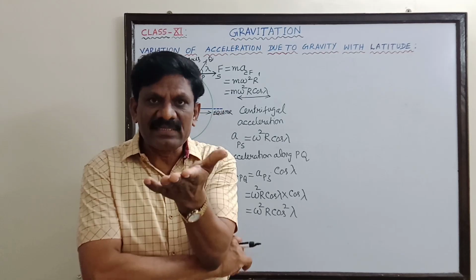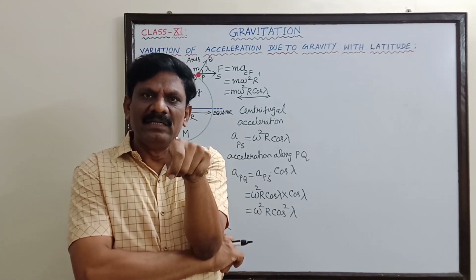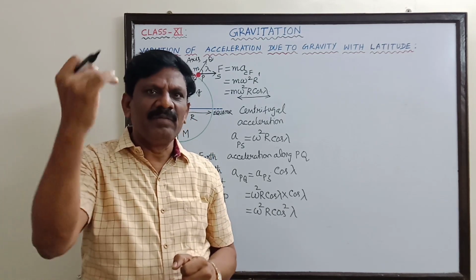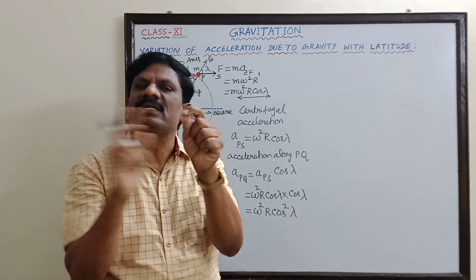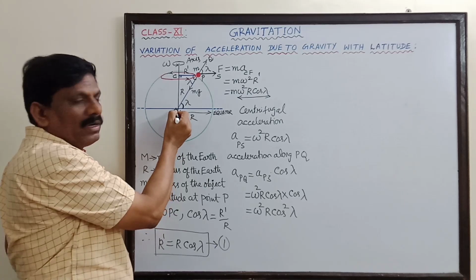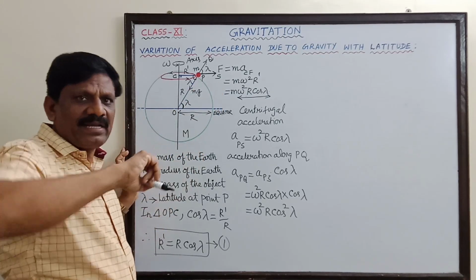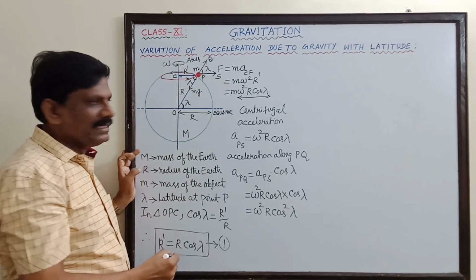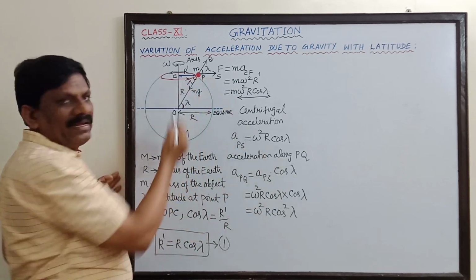The object of mass m is placed at the point P. At that point, the body has acceleration due to gravity G from P towards O, and another acceleration from P towards S. So I resolve the component along direction PQ.